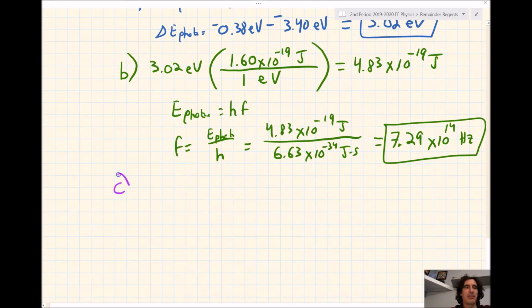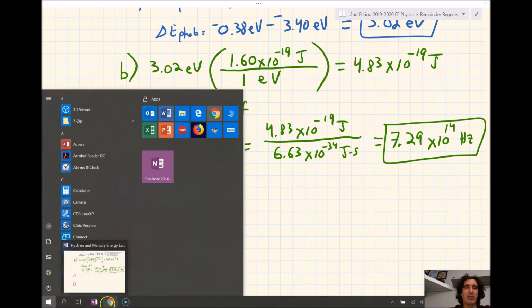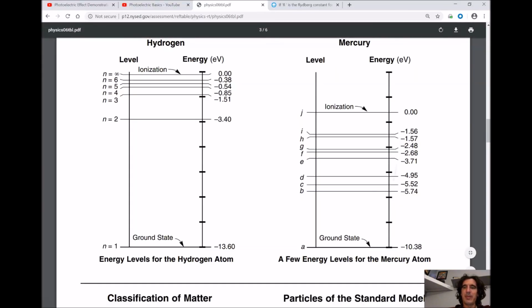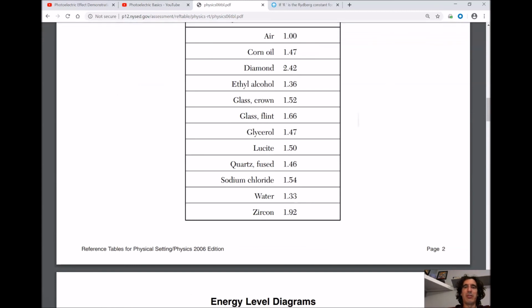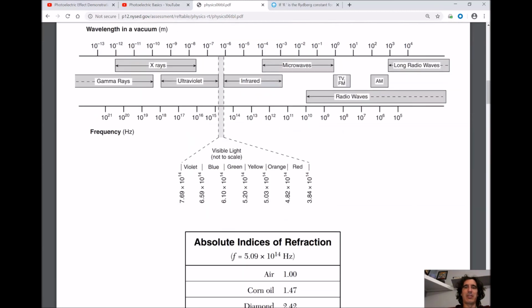Okay, letter C, determine the wavelength of the photon. Why don't we skip letter C for now, and we'll go to letter D before we get to the wavelength. Letter D says determine the color of light. Let's go to our reference table. The frequency was 7.29 times 10 to the 14th hertz.